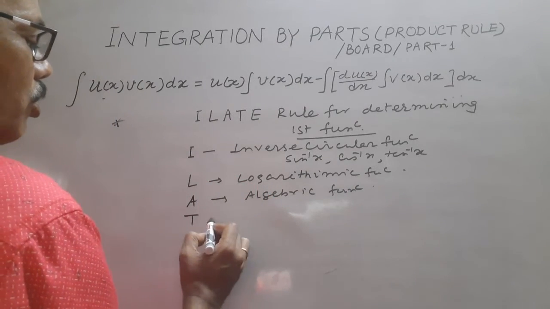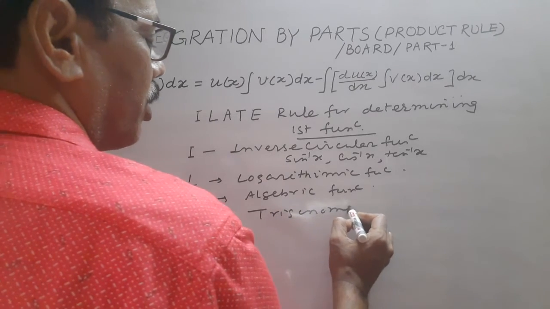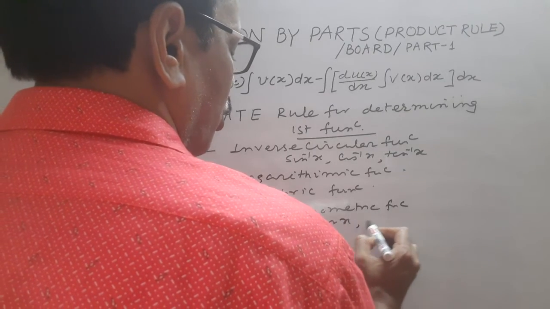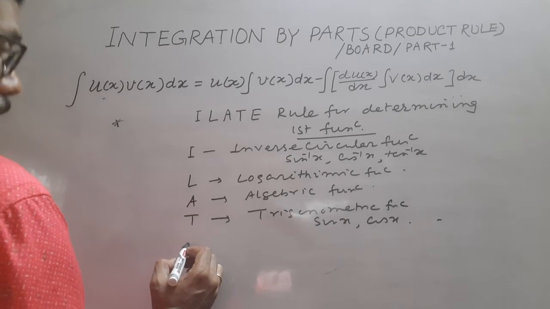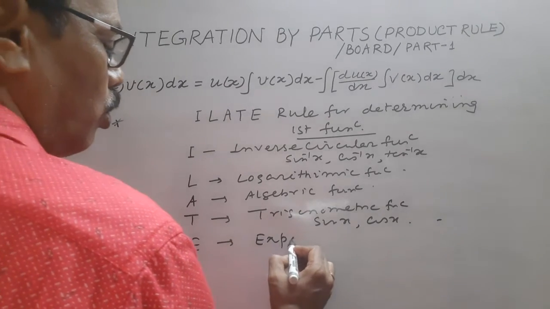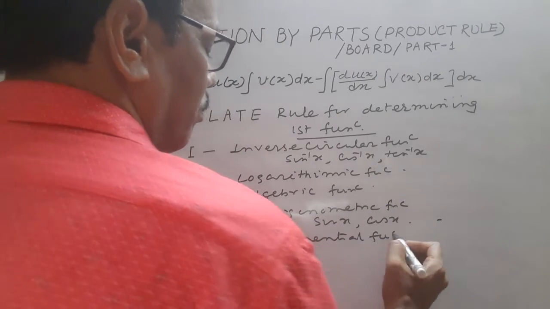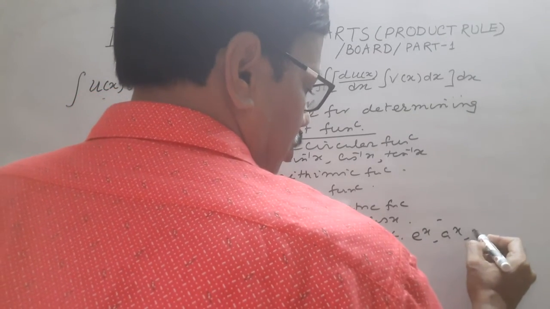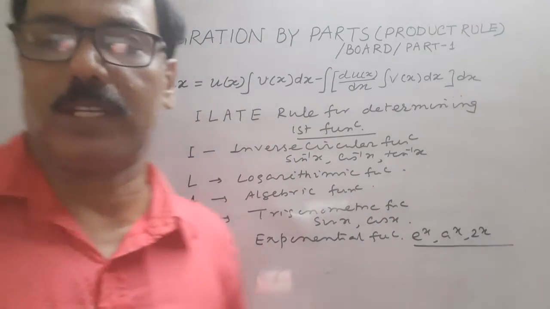T for trigonometric function: sin x, cos x, and so on. And E for exponential function. So e to the power x, a to the power x, 2 to the power x, they are exponential functions.